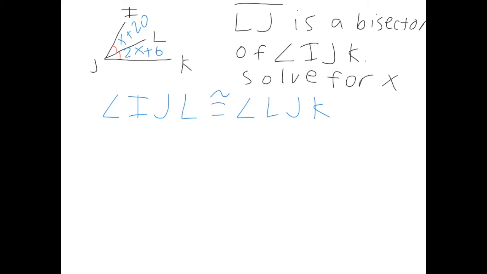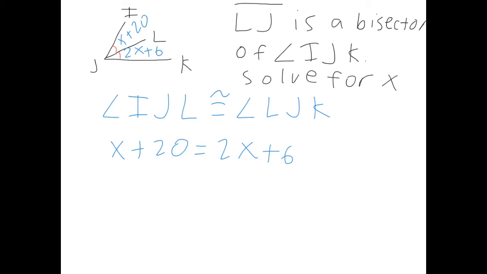Since we know those two are equal, let's set it up in an equation. X plus 20 is equal to 2x plus 6. So now, this is an equation we can solve for. Whenever you have x on both sides of the equation, you want to get it so they're on the same side.